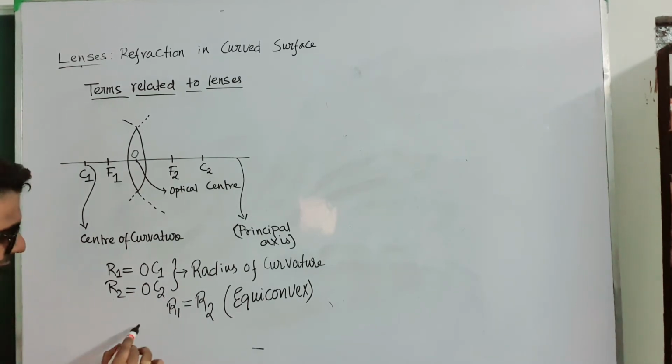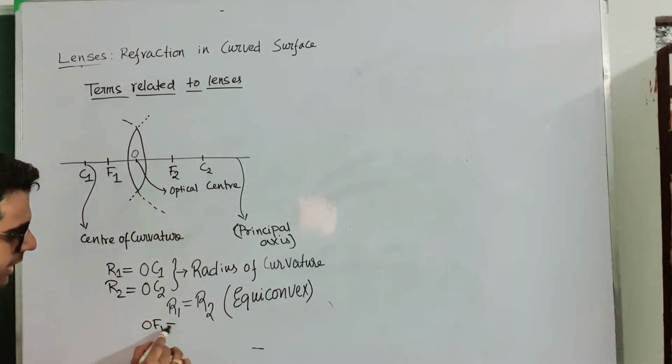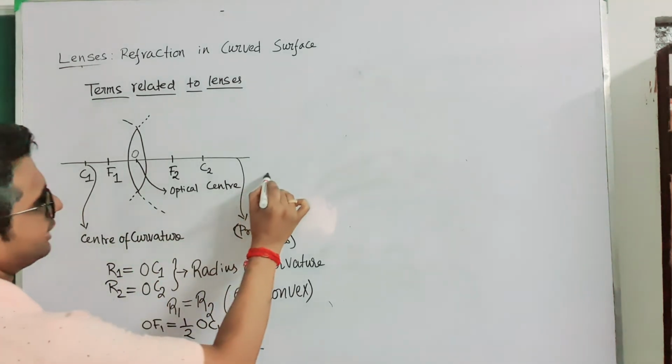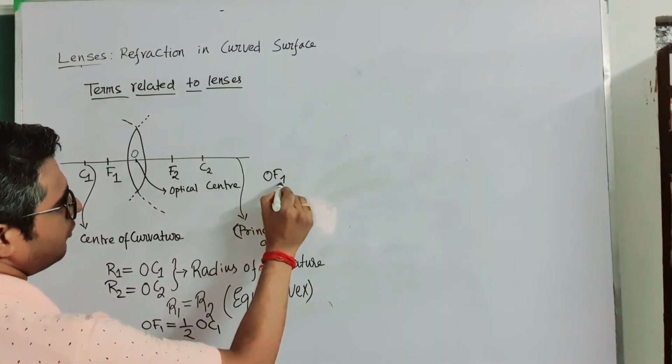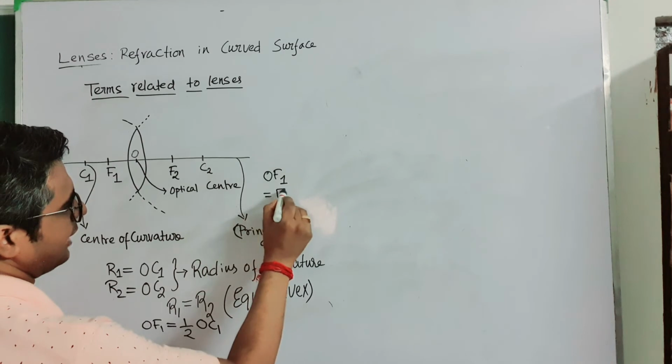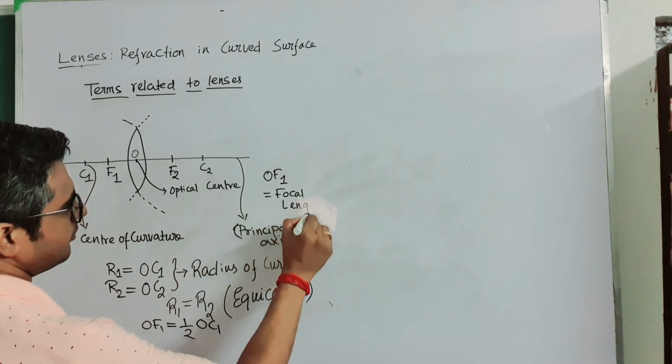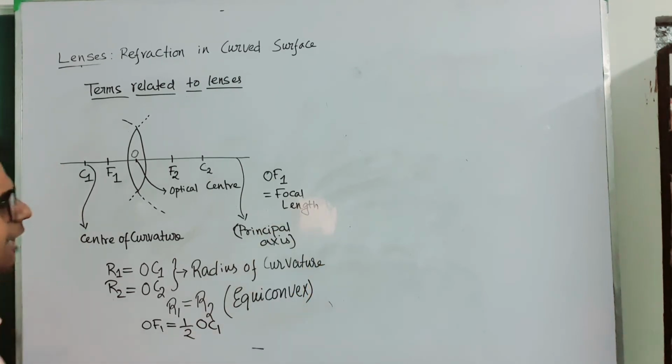Focus mathematically is OF1 equal to half of OC1. It is half of the radius of curvature. This OF1 is called the focal length. This is equal to half of the radius of curvature.